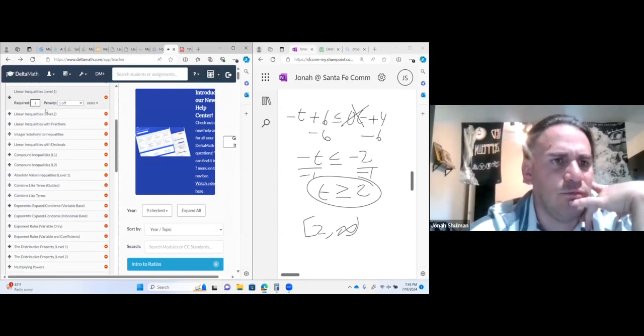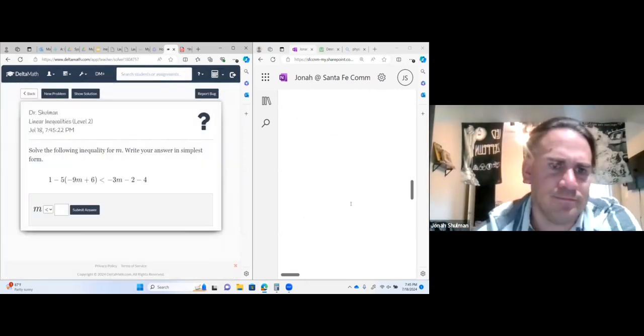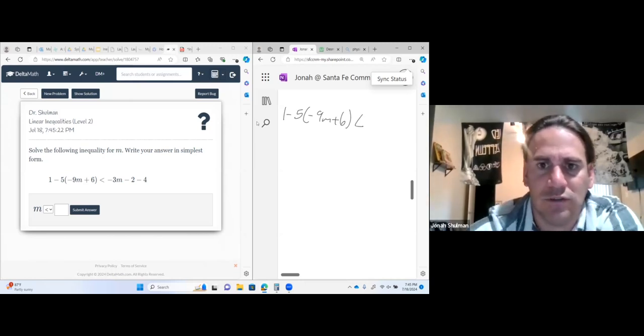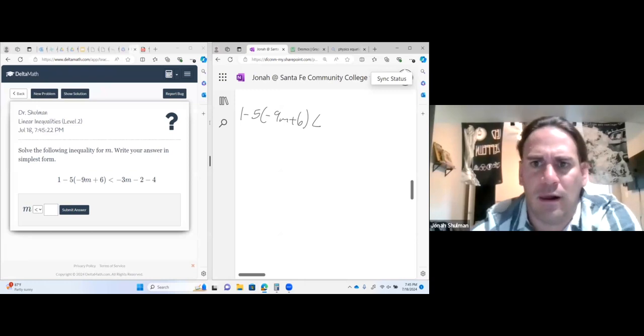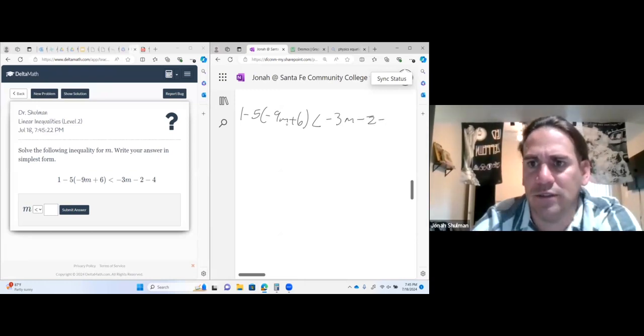All right, let's step it up to a level 2 problem. 1 minus 5 times negative 9m plus 6 is less than, I'm going to need some more space for this guy, negative 3m minus 2 minus 4.